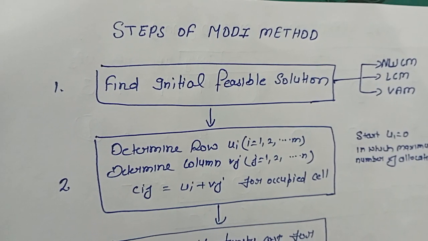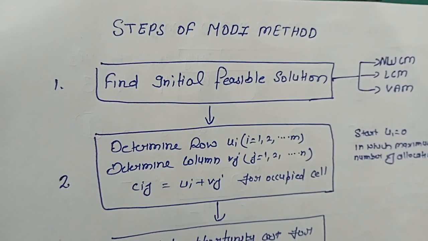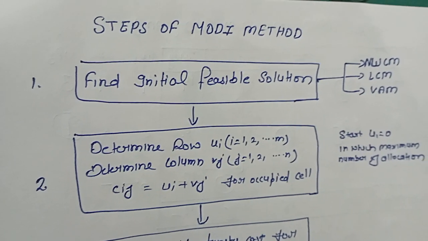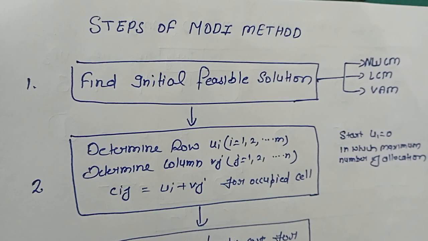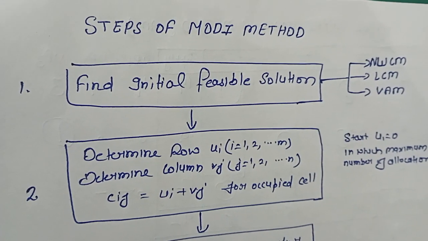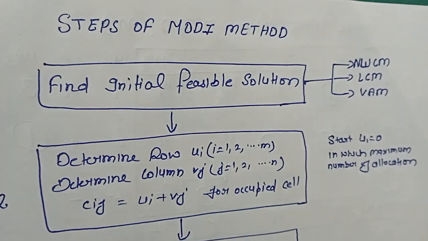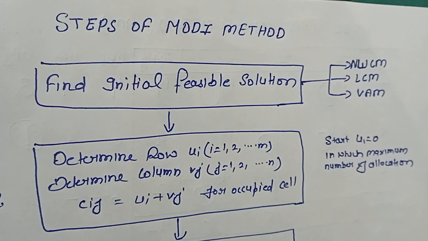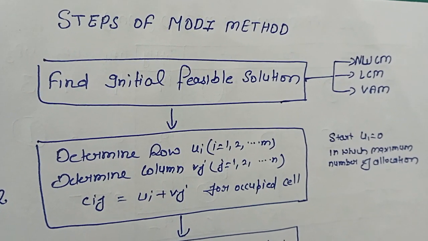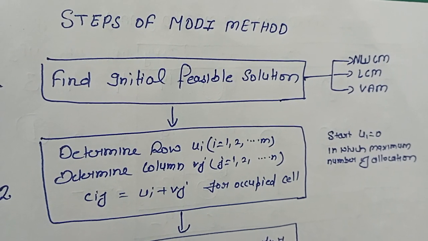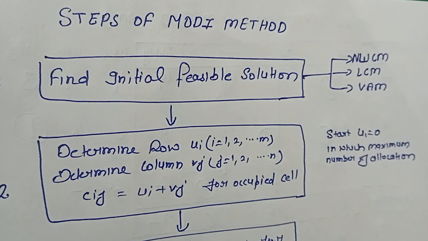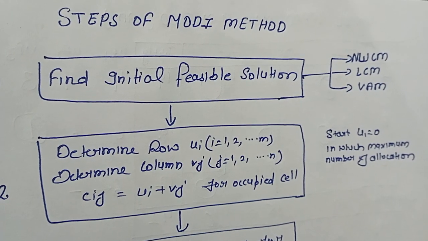The MODI method for testing optimality can be summarized in the following steps. The first step is to find the initial feasible solution. In the previous question, we already discussed three methods: NWCM, LCM and VAM. NWCM is the northwest corner method; LCM, the least cost method; VAM, the Vogel approximation method.